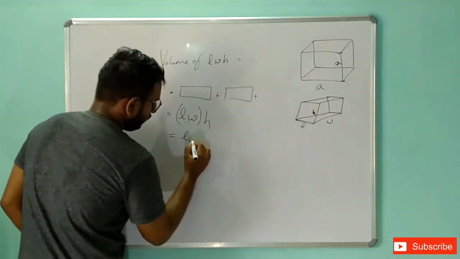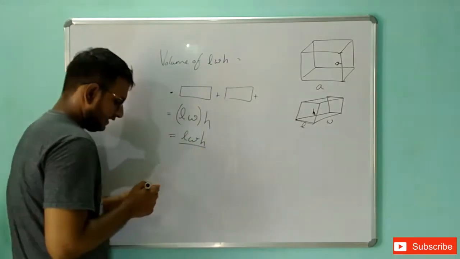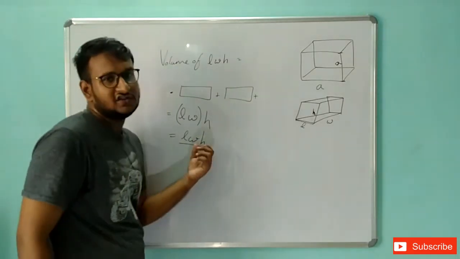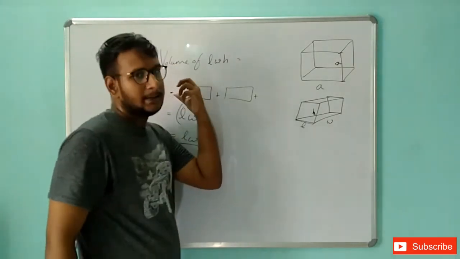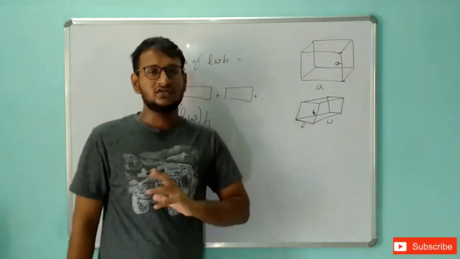This is how we derived the formula length into width into height for the volume of a rectangular prism.